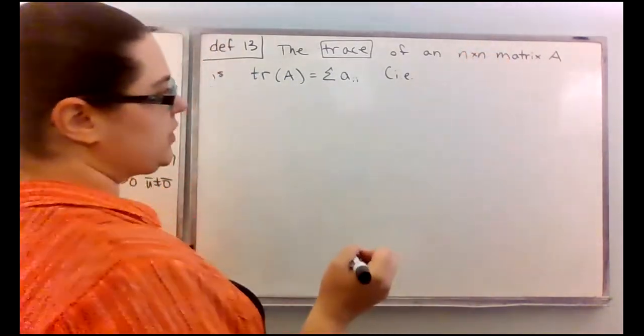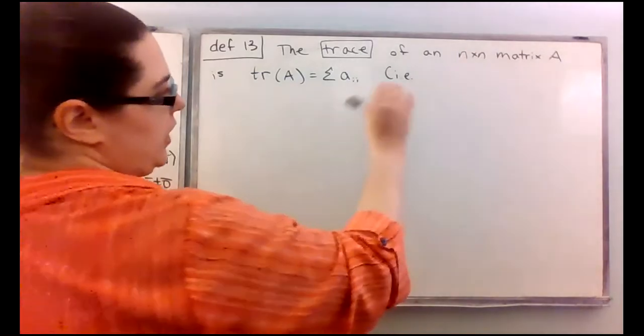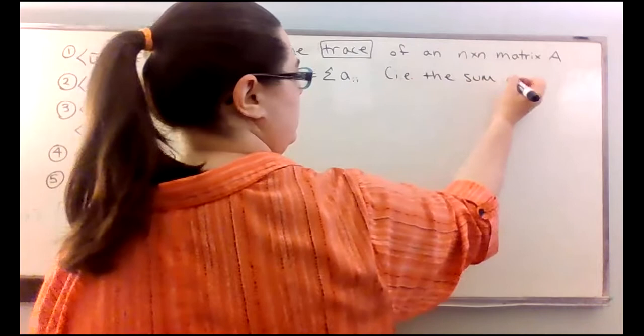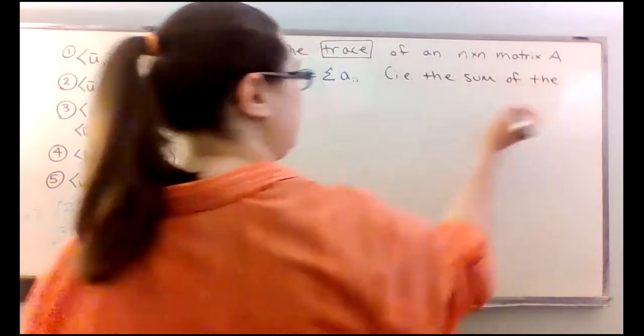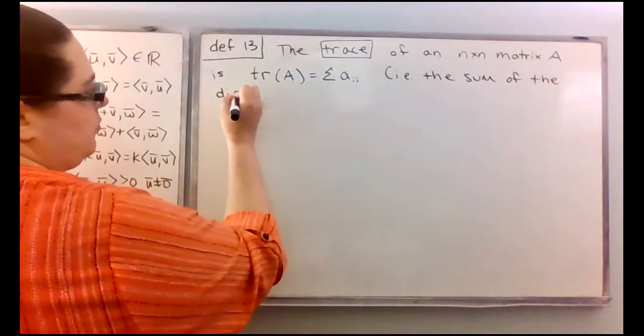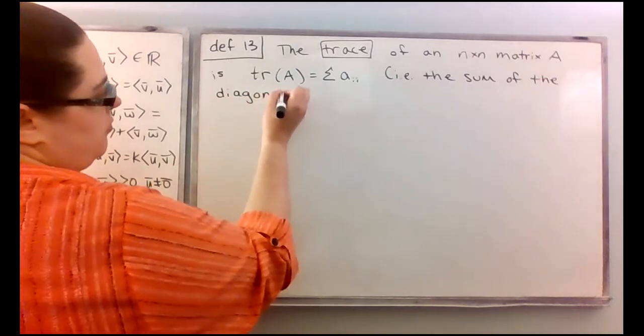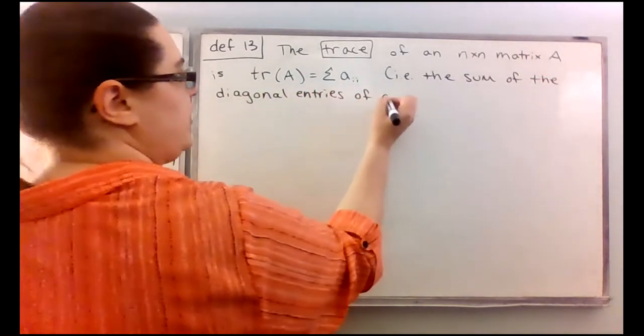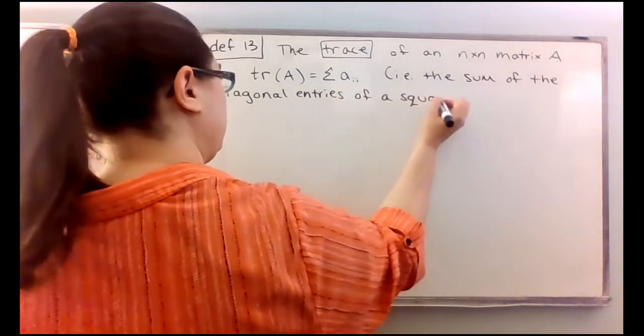We need a square matrix because the trace is the sum of the diagonal entries of a square matrix.